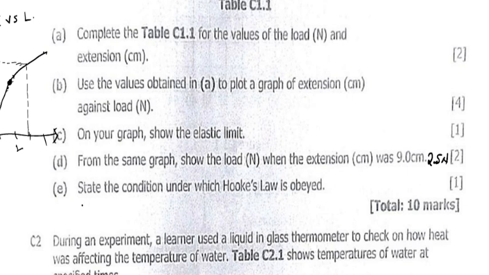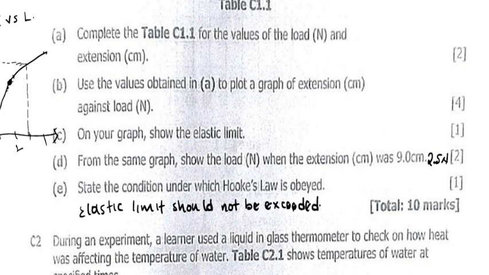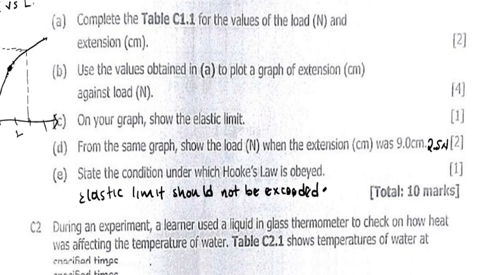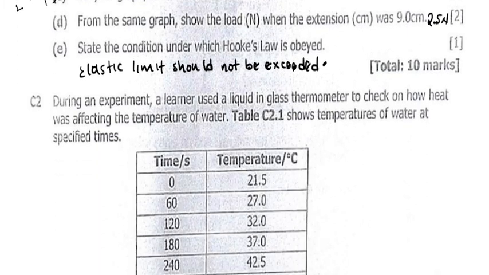So the elastic limit should not be exceeded. That is the condition under which Hooke's law should be obeyed. So that question is done, we go to the other question, which is question C2.